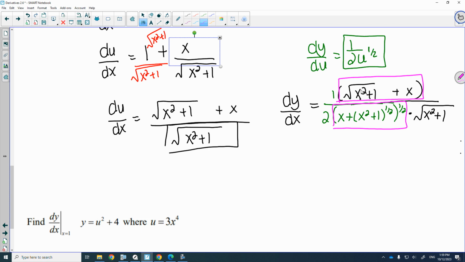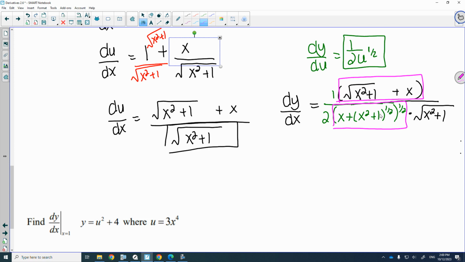So this numerator is x plus square root of x squared plus 1. And down here, this is x plus, this is really square root of x squared plus 1. Do you guys see that? So again, this bracket and this bracket, they're actually the same. So what can we do to clean up these two brackets?